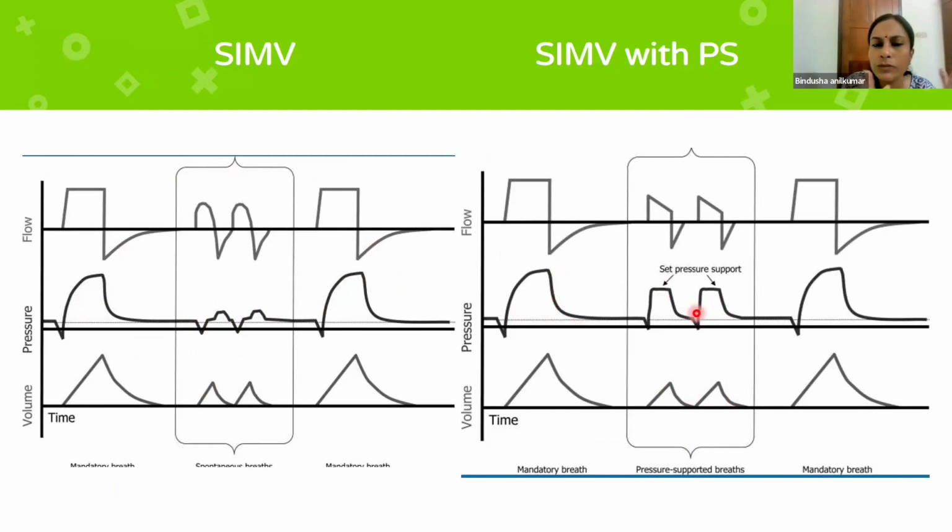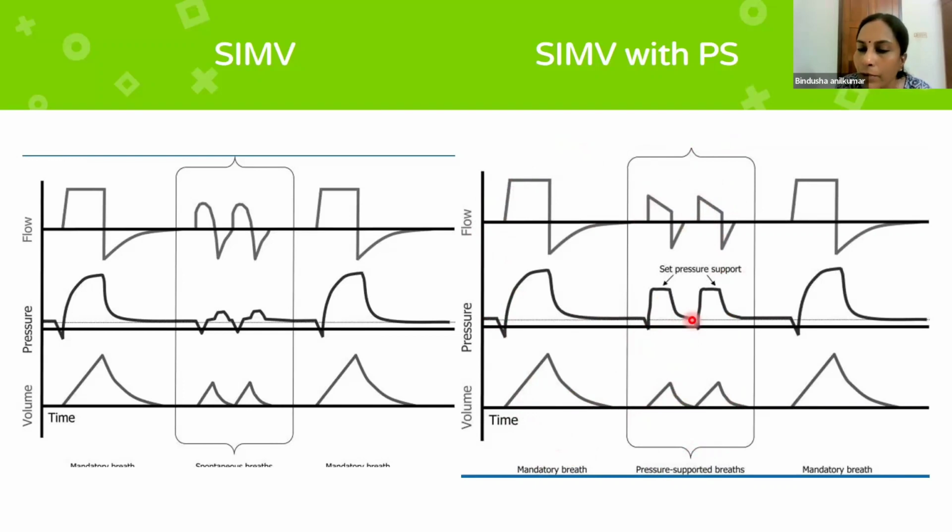So you will see that in SIMV, you will be seeing different types of breath. These breaths will be mandatory breaths, which will have a good tidal volume and good inspiratory time. And in between, some of the breaths will be spontaneous breaths, which are supported only. So they will have a lesser tidal volume and lesser inspiratory time.